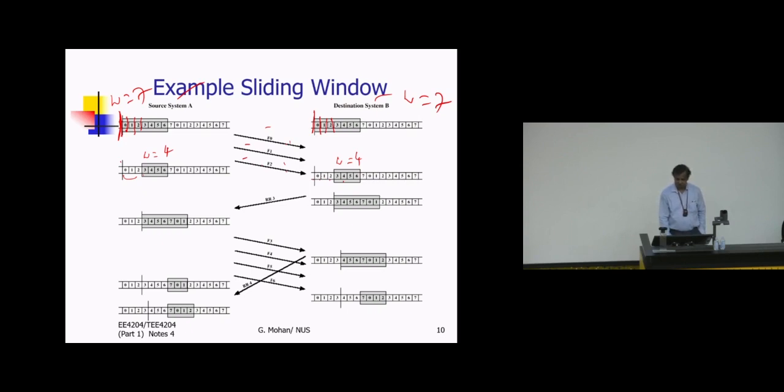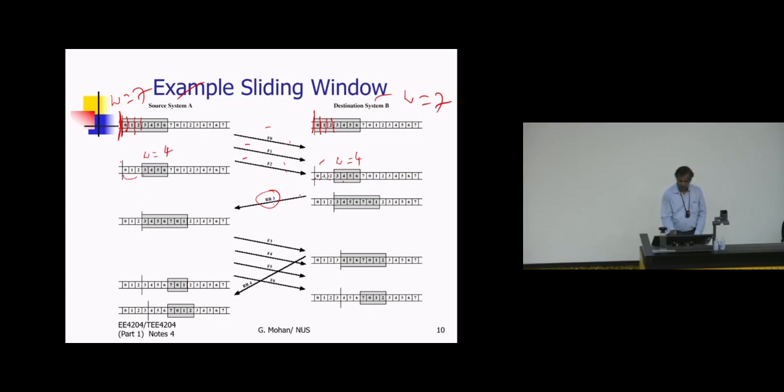That's what it means. Let's say at this time, it sends RR3. As I said before, RR3 does not mean that it is acknowledging 3 frames. RR3 means that it is acknowledging all the frames prior to number 3. It is ready to receive from 3. So as per the current state of this receiver, before 3, frames 2, 1, 0, 3 frames are there.